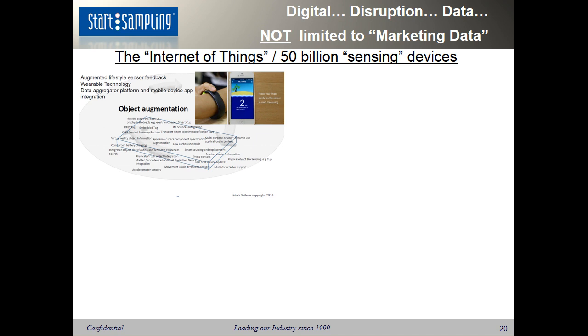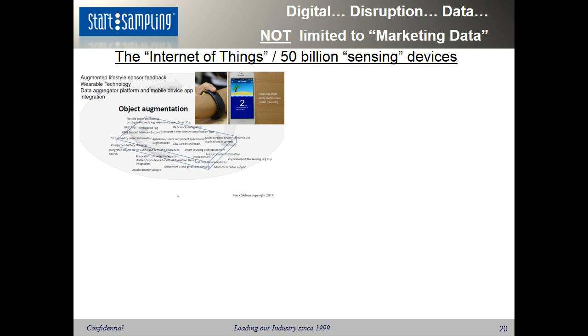You also have this rather remarkable explosion in the Internet of Things, things which have sensing devices to them, which create a data stream. Very easy to think about that if you know about Fitbit. Right? Fitbit is a device that you wear that tracks all kinds of physical information and pedometer and changes and things, and it has an opportunity to transmit that. So you're starting to see this object augmentation beginning to happen.